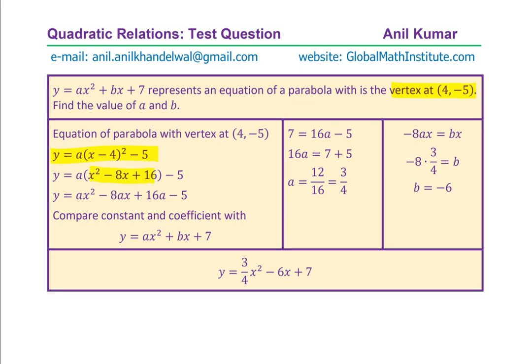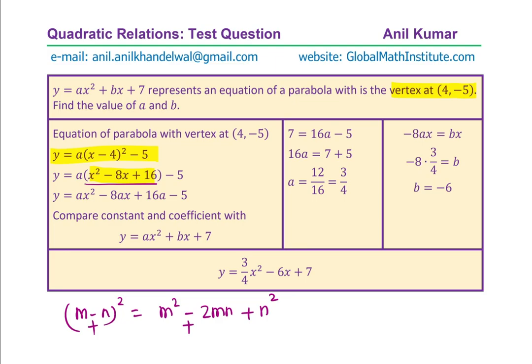Expanded using the formula, as you know, m minus n whole square is equal to m square minus 2mn plus n square. You know this formula. If it is plus here, you get plus there. So that is the expansion. Open the bracket, simplify, and then compare the terms.